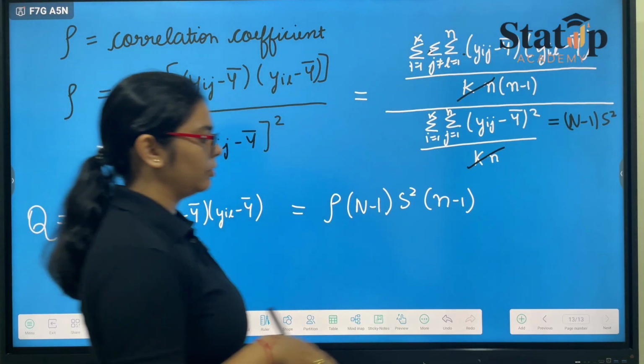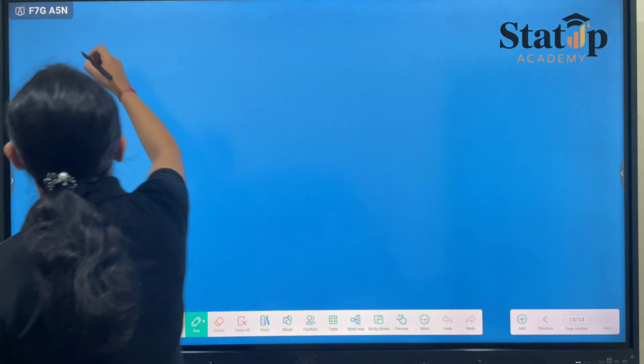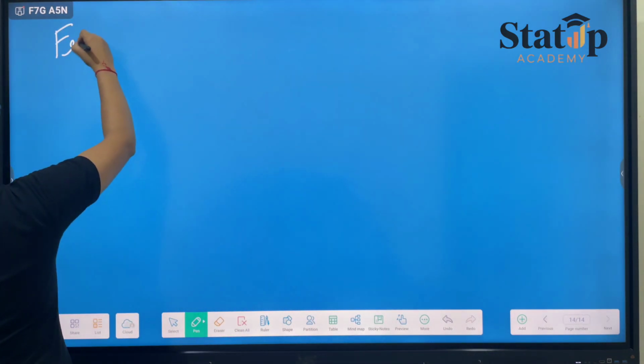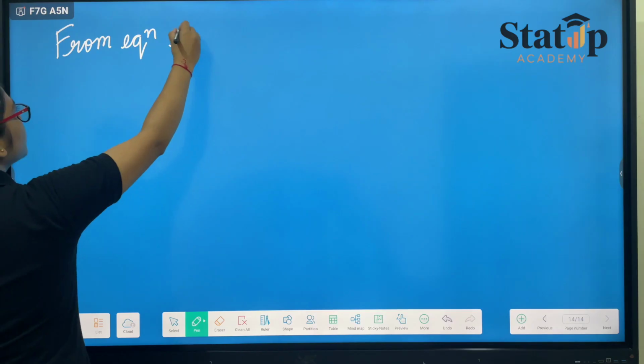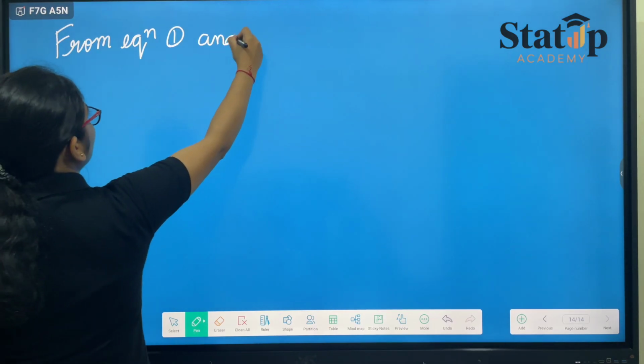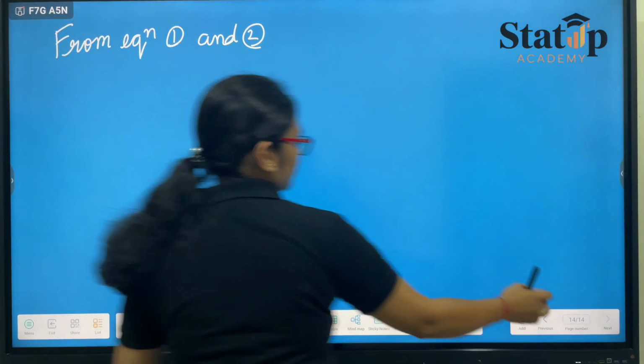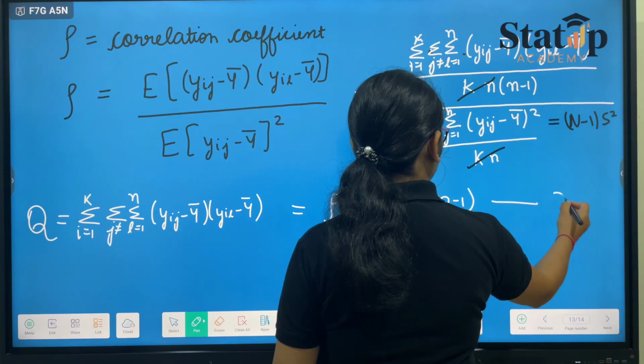Now we have found out what is Q. Let this be equation number 2.